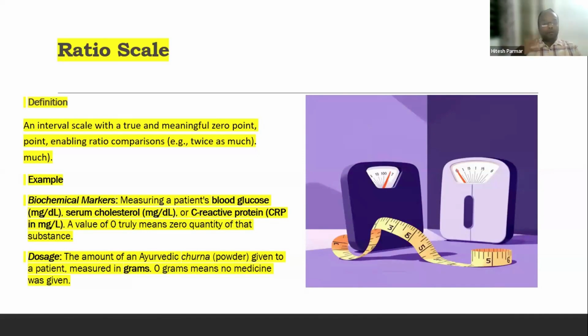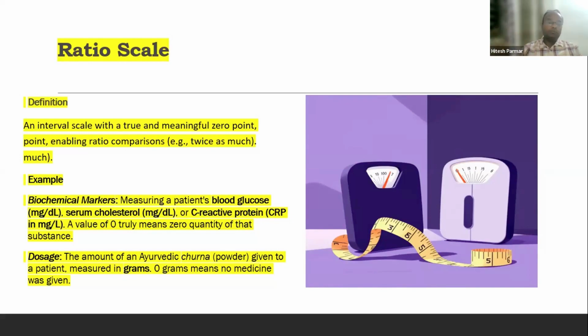You can add, subtract, multiply, and divide ratio data. And 0 means 0. Below 0 is not possible. In terms of dosage, the amount of Ayurvedic churna that you give to a patient is measured in grams. So 0 gram means 0 gram, and the data can't go below 0. So it is ratio scale data.